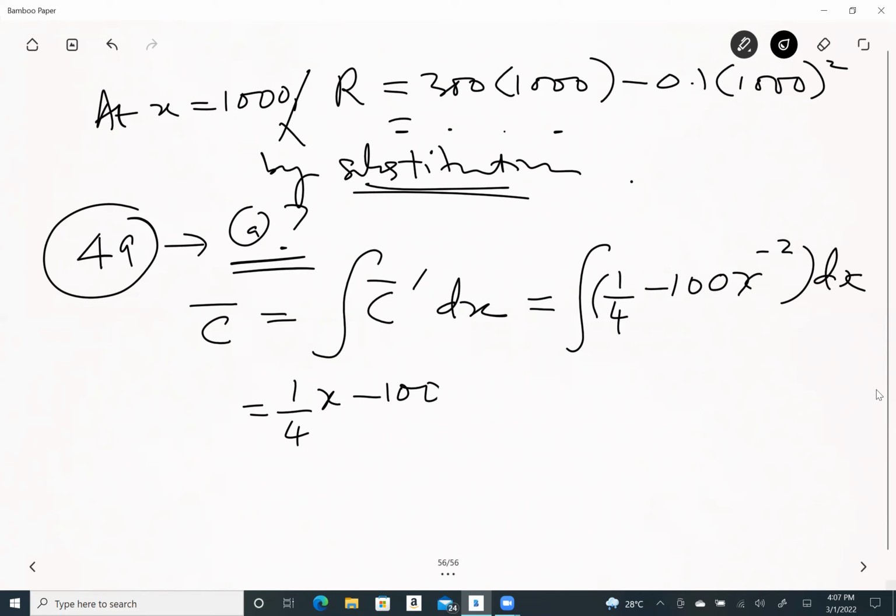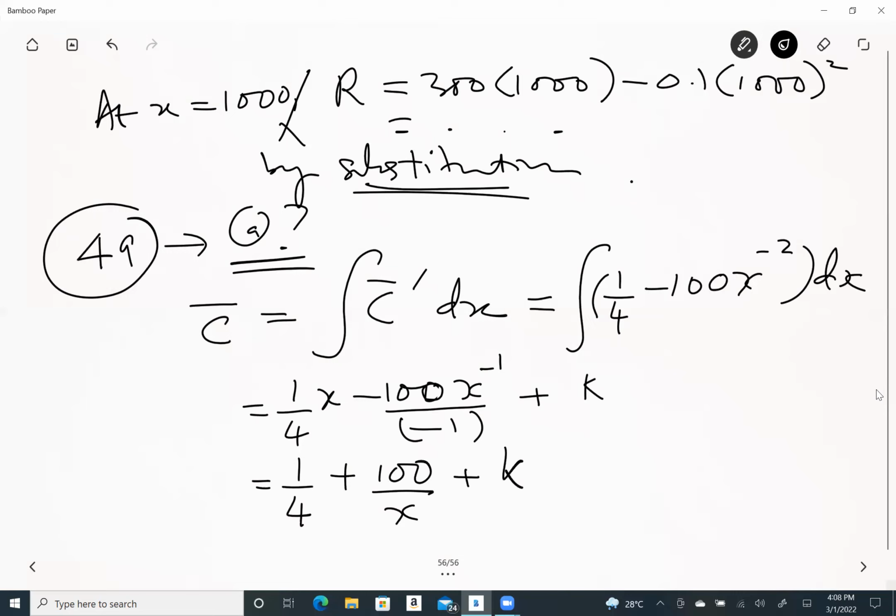So you increase the power by 1, so that becomes x to the -1 divided by -1, plus k. Here you have negative and negative, so that becomes positive. So it will be equal to 1/4 x plus 100, now you bring x back down, 100/x, plus k. We bring it down because you want to do the substitution.